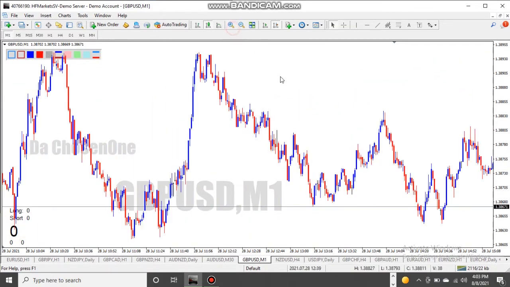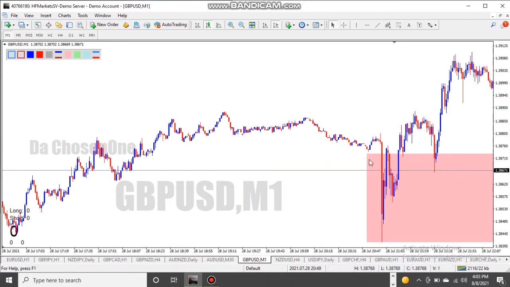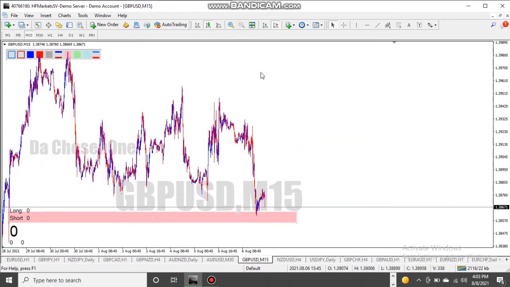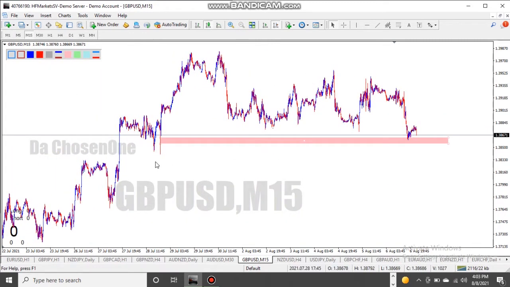Okay, here's price. So decision point can be this area over here. As you see, this is our FTR.